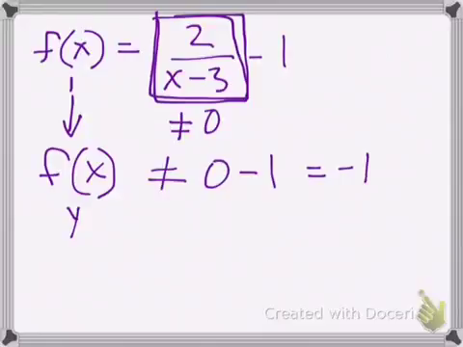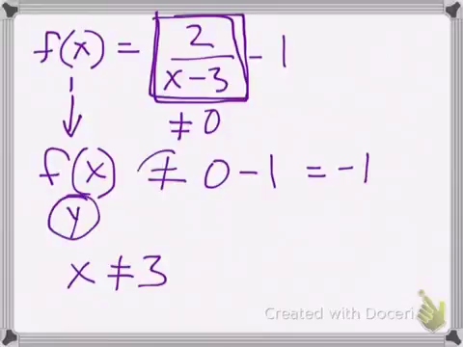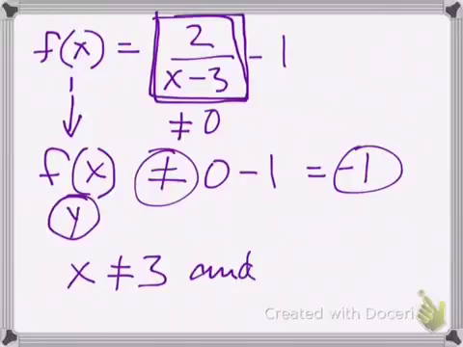So far we have 2 restrictions here, don't we? What are the 2 restrictions we have? X cannot equal 3. And watch this, what we just found: Y cannot equal negative 1. You're so worried about what the answer is, Mac, you're missing the point of what we're doing here. Y cannot equal negative 1.